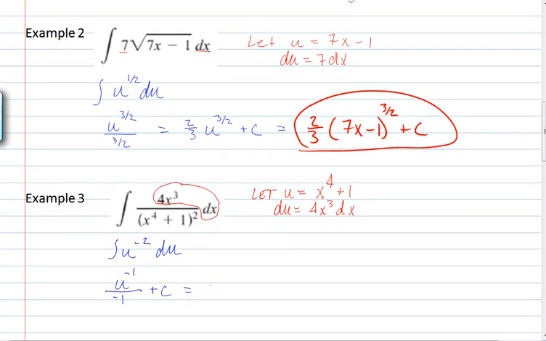So this is going to be equal to -1 over u plus c. And our final answer then is -1 over x to the 4th plus 1 plus c.